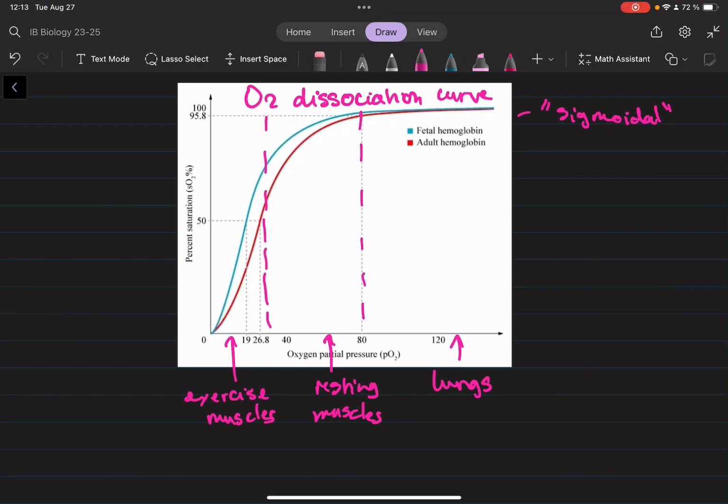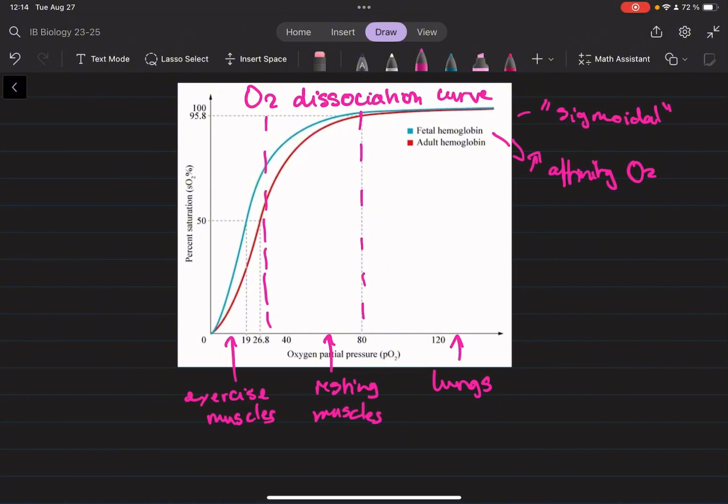So what else you can see from this graph is the difference between fetal and adult hemoglobin. As we can see from the key, this blue line is the fetal hemoglobin, and this is shifted to the left. And this is because fetal hemoglobin has a higher affinity for oxygen. Why is that? This is because when the blood of the pregnant person has reached the placenta, it already has a low partial pressure of oxygen.